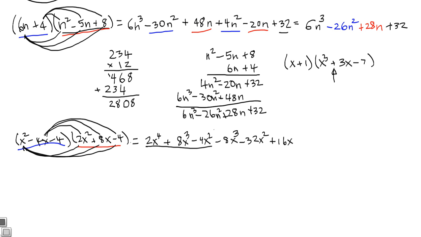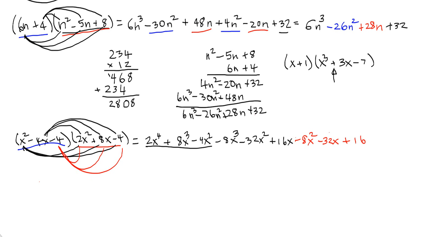Let's do this in a different color because we're getting a lot of arrows here. There we go. We're going to do this times this. So that's negative 4 times 2x squared is negative 8x squared. I'll just keep it in red. Negative 4 times 8x is negative 32x. And negative 4 times negative 4 is plus 16.